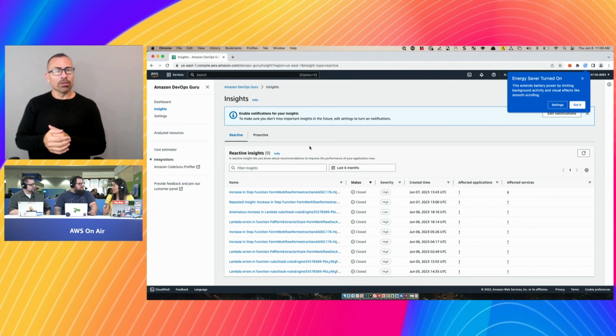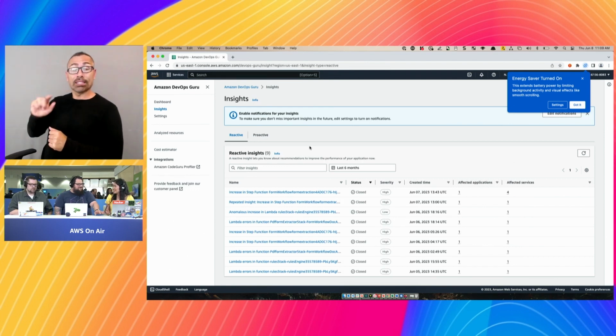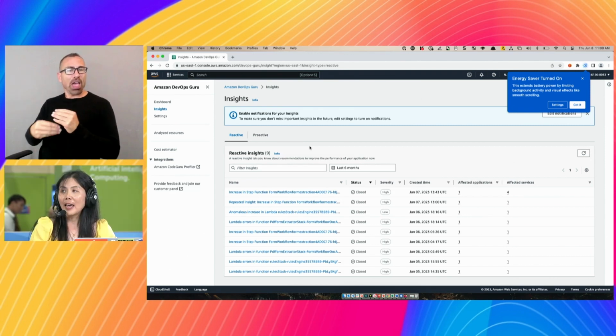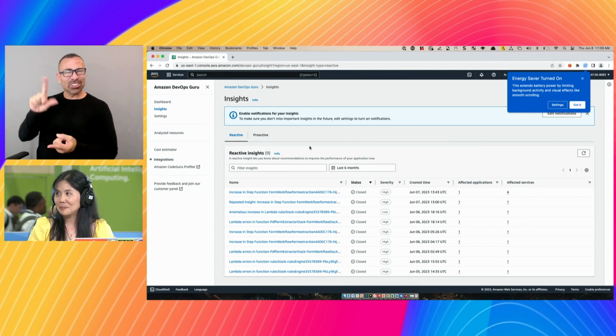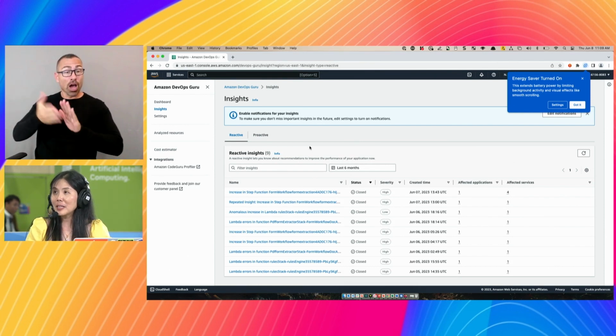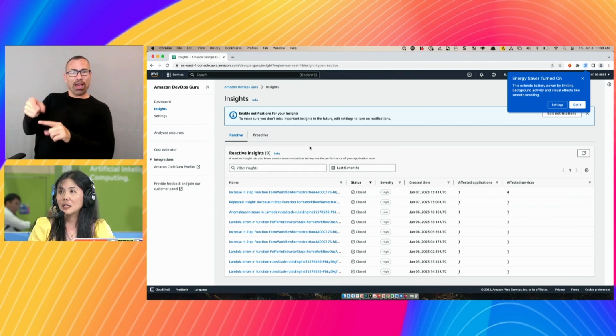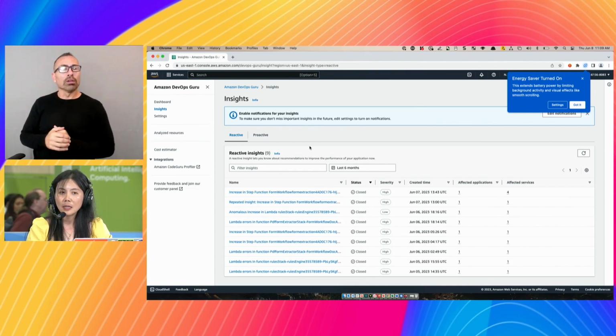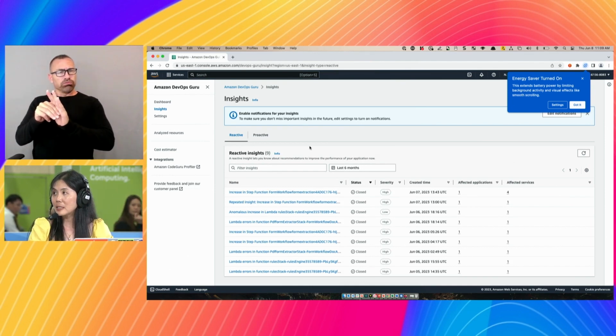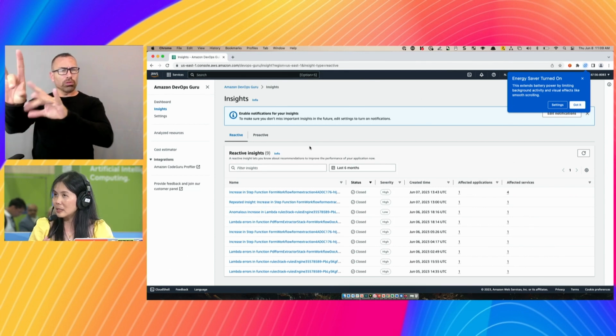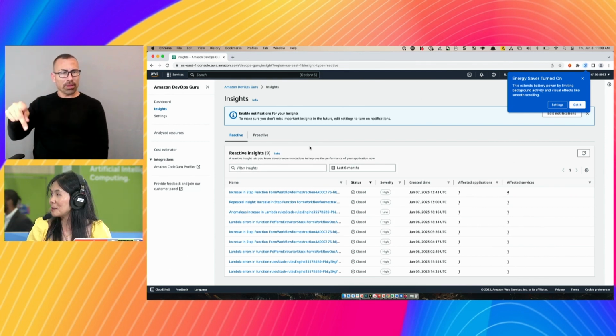It's something that AWS has the experience with: 20 years of operating large-scale applications. We use that to build the model, and the model learns the behavior of the application based on the data that we already provided.